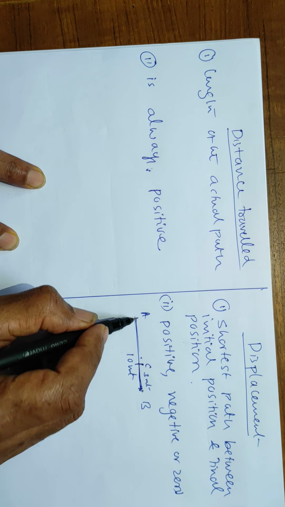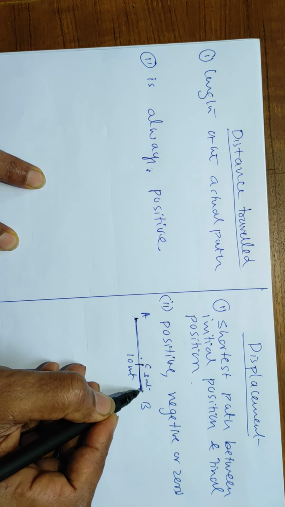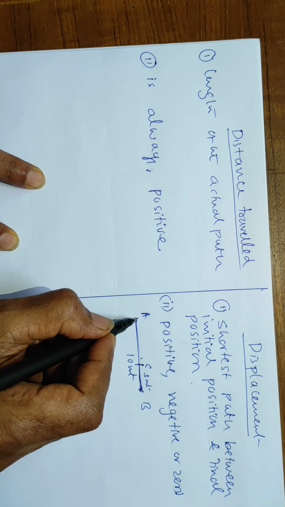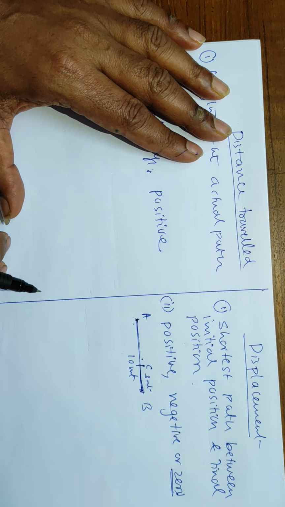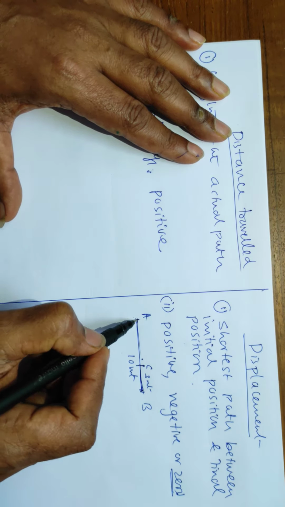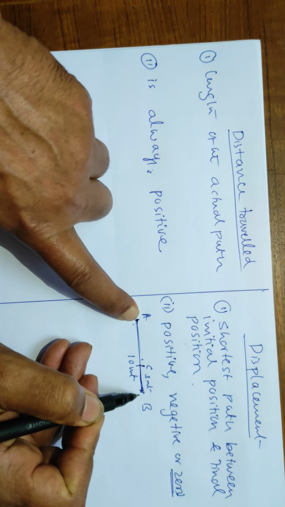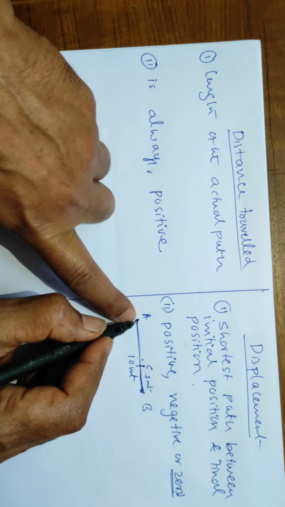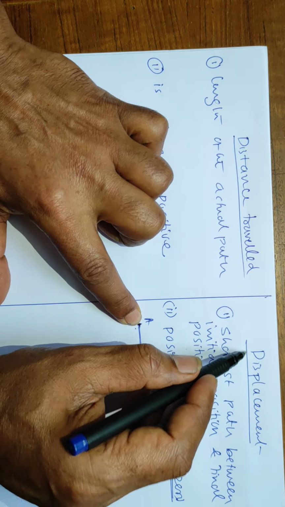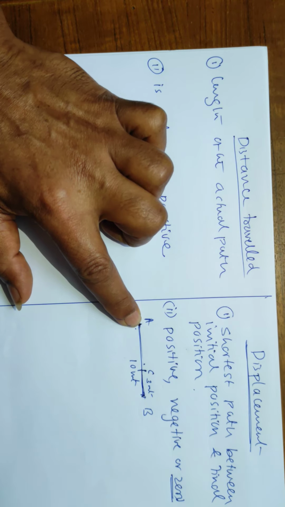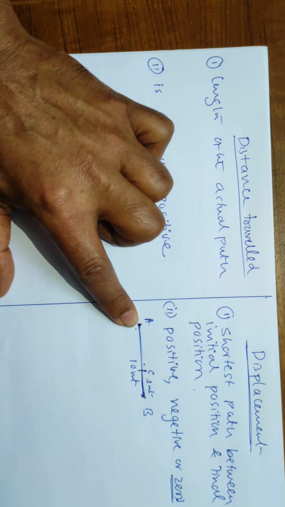When an object starts from A, reaches B, and again from B it comes to A, then the displacement becomes zero, because in this case final position and initial position are A only. According to the definition, what is displacement? The shortest path between initial position and final position.